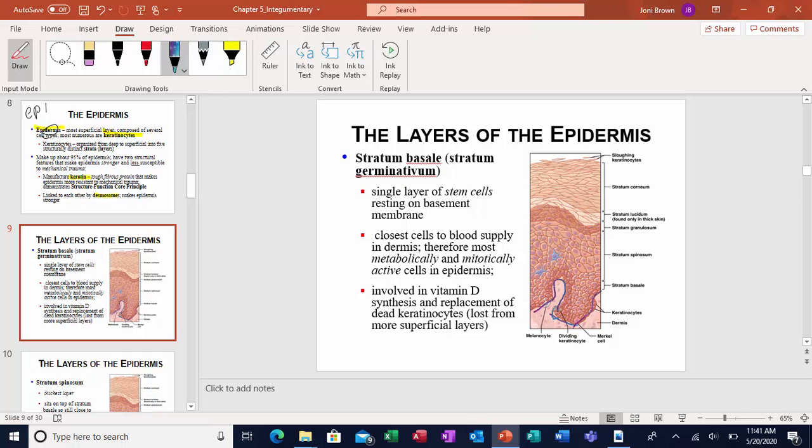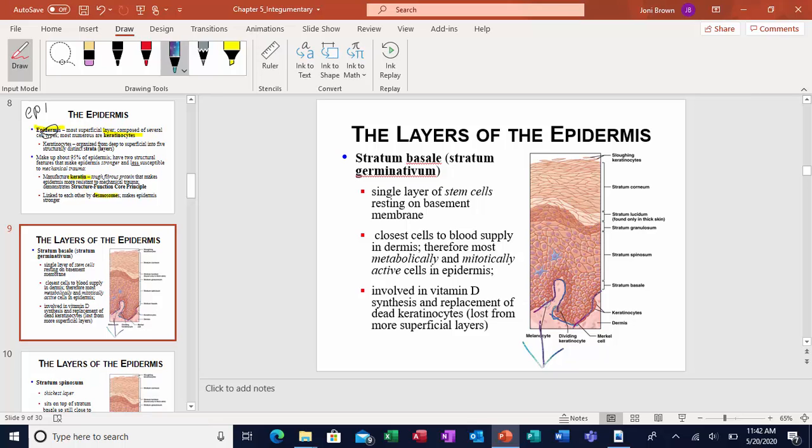Everything under that line is connective tissue. So we have one layer of cells right there on top of the basement membrane that make up the stratum basal, or the base layer.